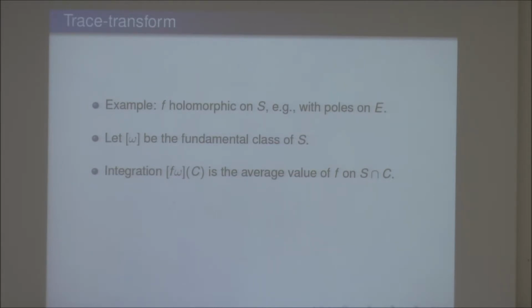A very simple-minded transform from these weighted fundamental classes, which are elements of the Q cohomology of the domain. So omega is a (q,q) form on the domain. F times omega is a (q,q) form on the domain. You integrate this (q,q) form on cycles, you get functions on the cycle space.